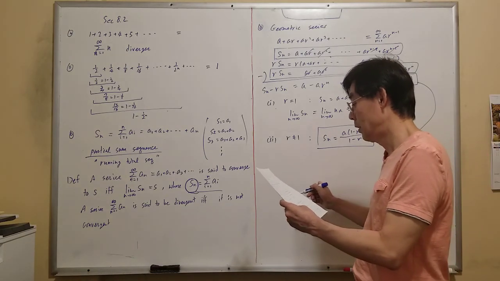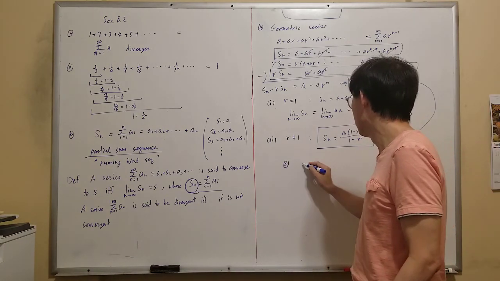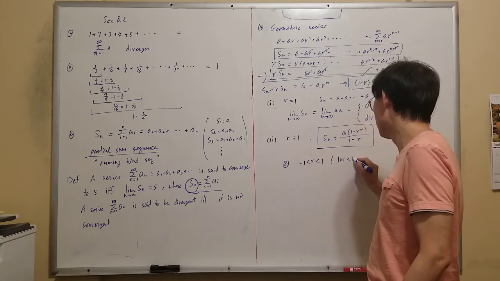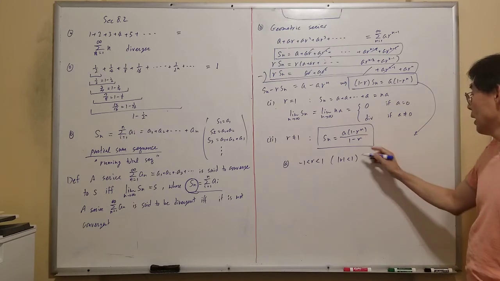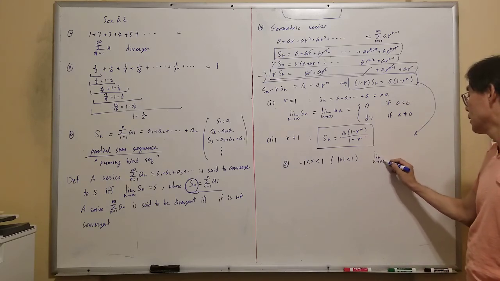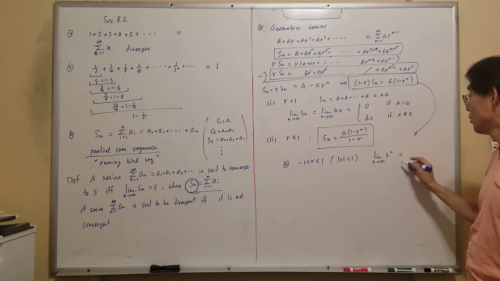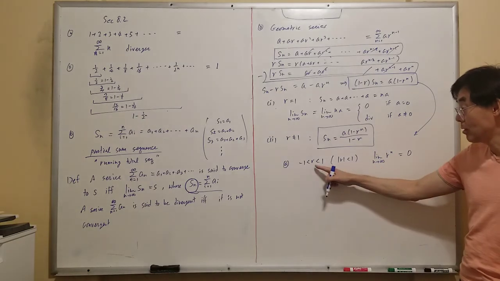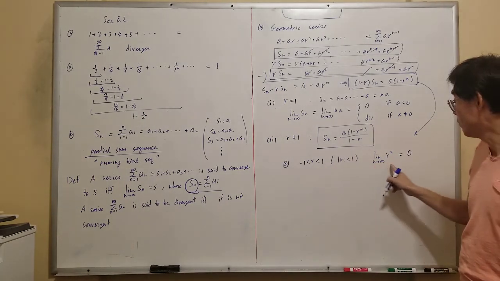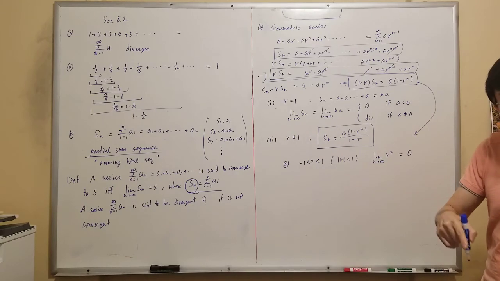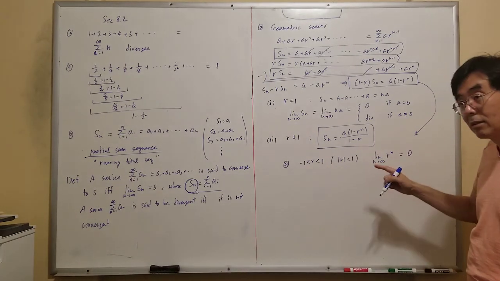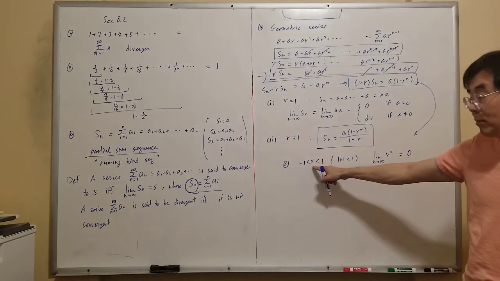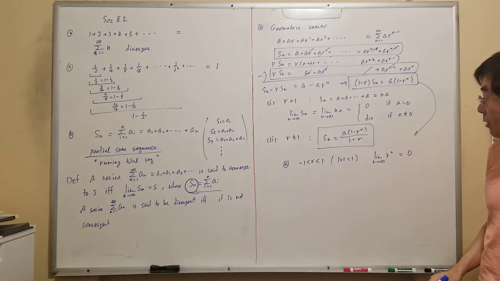If R is between -1 and 1, or the absolute value of R is less than 1, then as n goes to infinity, R to the n, we already learned that, right? For an exponential function of n with a small base, 1/2 to the n keeps getting closer and closer to 0. -1/3 to the n alternates but still gets closer to 0. Any number between -1 and 1, not including 1 and -1, goes to 0.